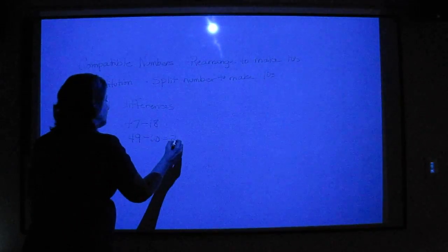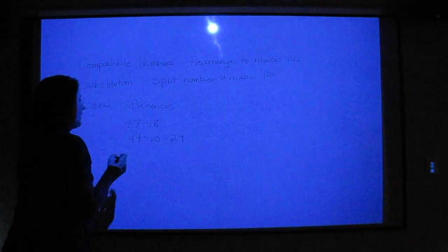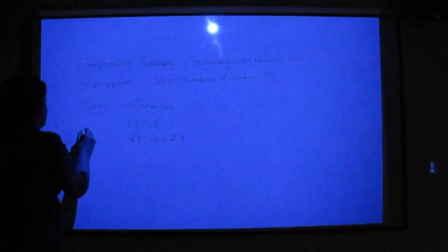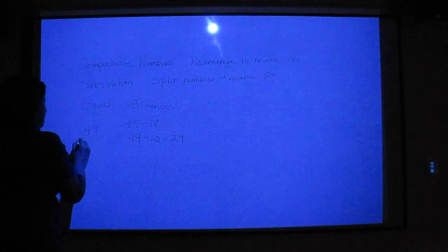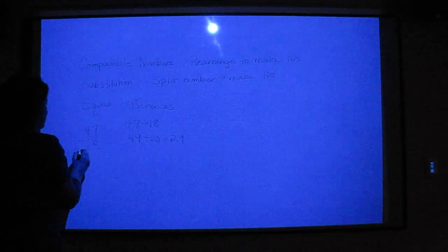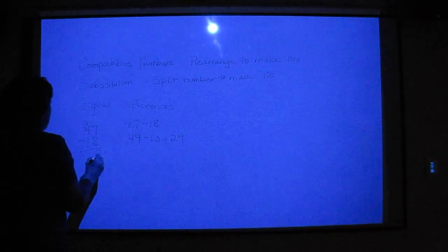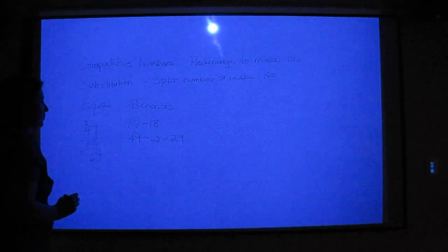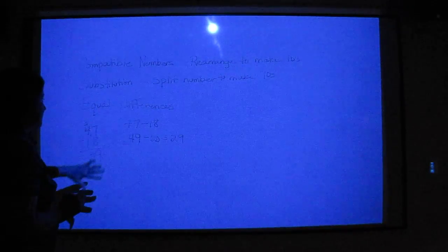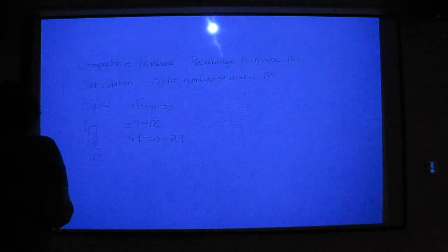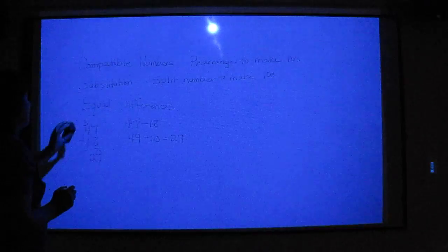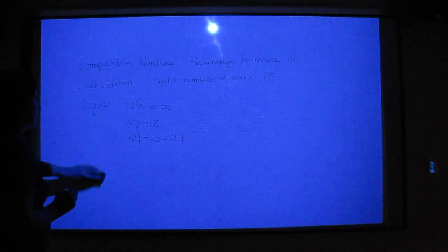Well, this one we can easily see equals 29. Let's do this one the old-fashioned way, just to prove that it's truly the same answer. I would have to borrow, I would get 9, I would get 2. Okay? So 47 minus 18 is 29. 49 minus 20 is also 29, much easier to do.